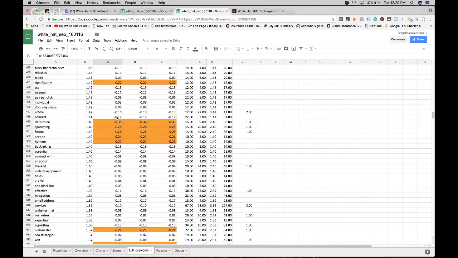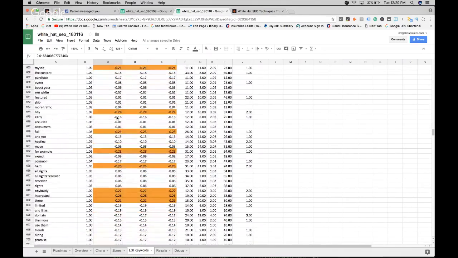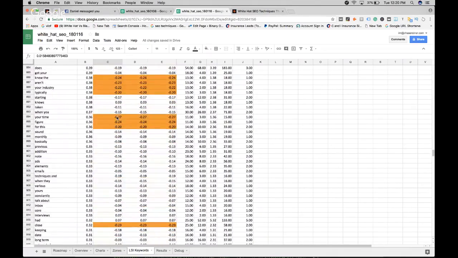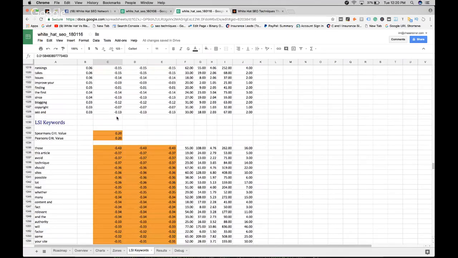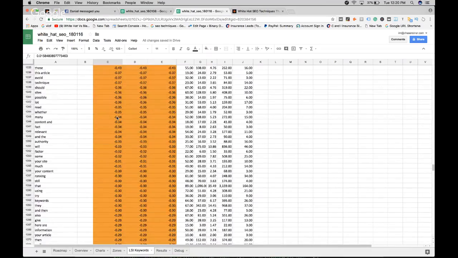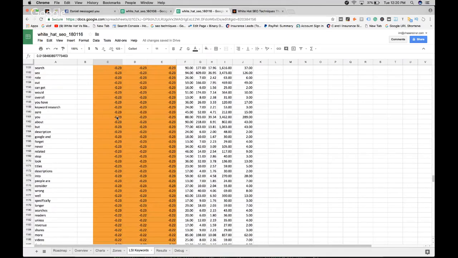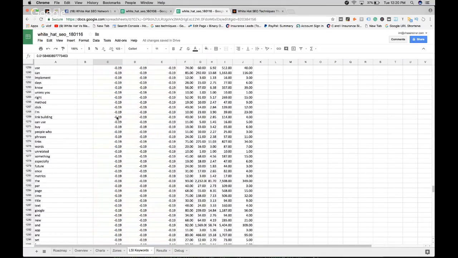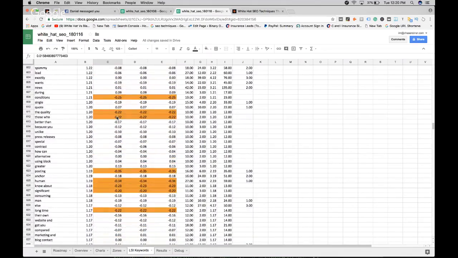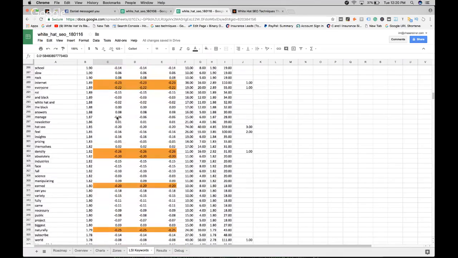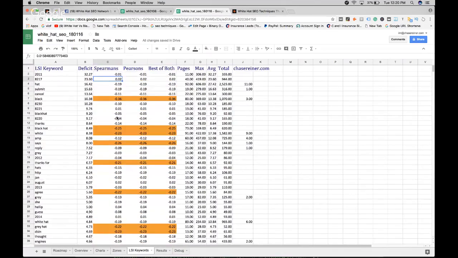So if it was a really large Spearman's score, then I would want to mention it less. Well, if it was very positive, then yeah, you wouldn't want to use it, because the more you use it, the worse you tend to rank. Gotcha. But if it's very negative, then you do want to use it, because the more you use it, the better you appear to rank.